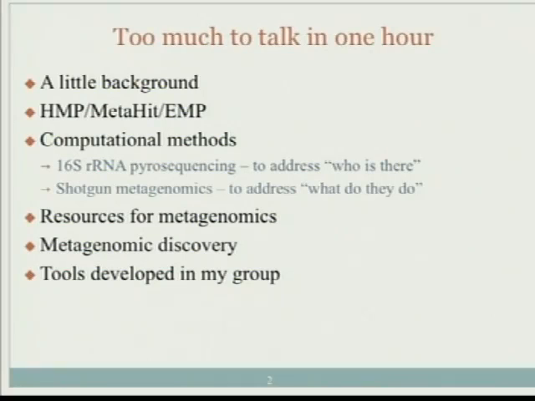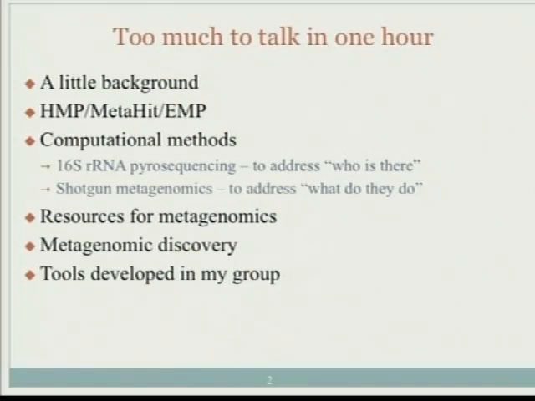But if you really care about the functional content of a metagenomic data set, you need to do shotgun sequencing. So if you get a sample from a human body, you want to do shotgun sequencing. You want to get reads from all different kinds of genes from that whole collection of genomes.